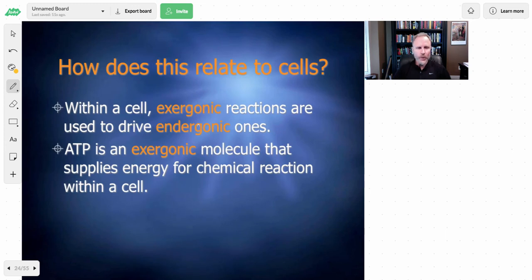Okay? So how this relates to cells now is we use these exergonic reactions to power endergonic ones. And ATP is an exergonic type of molecule in that it's a triphosphate, and those three phosphates are high energy bonds, and as they're broken, they give off energy to the surroundings, and that energy can be harnessed by the cell and certain components of the cell in order to do work.